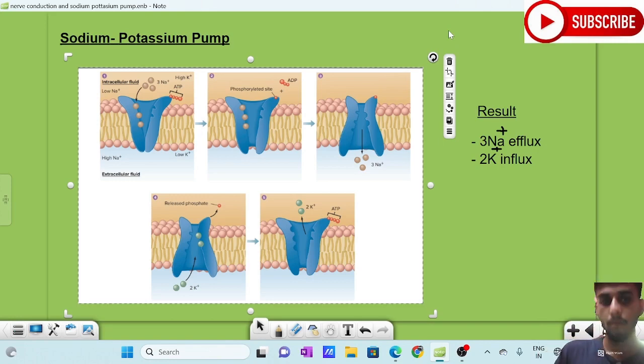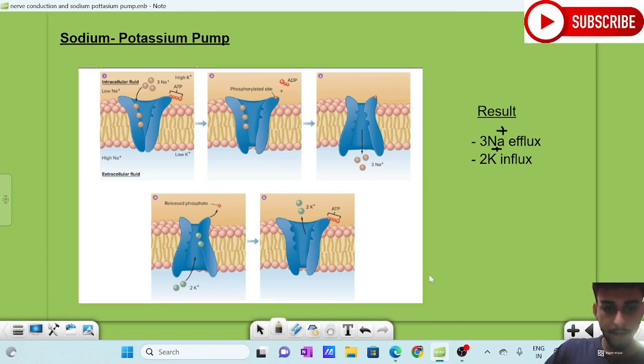Now let us go to the sodium potassium pump. Just look at the heading: sodium potassium pump, a pump which pumps sodium and potassium. We should understand from where to where sodium is transported and from where to where potassium is transported.